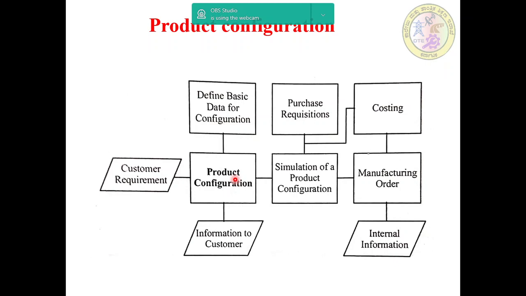Since questions can be searched for dynamically, only those questions which apply in the different situations need to be answered. The result of product configuration can be communicated to the customer.